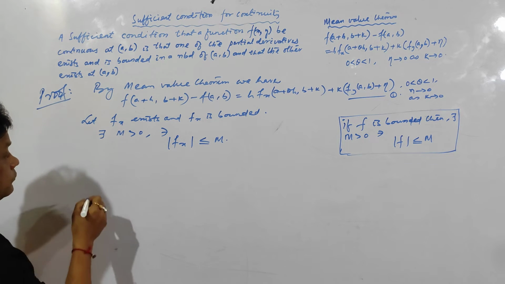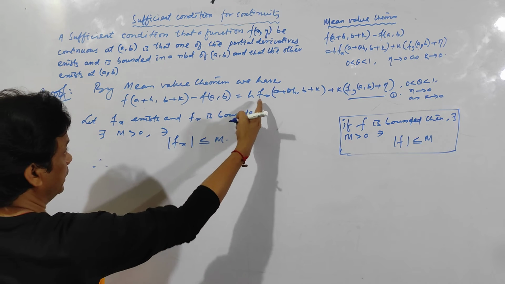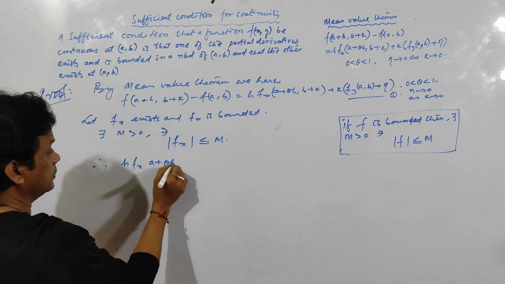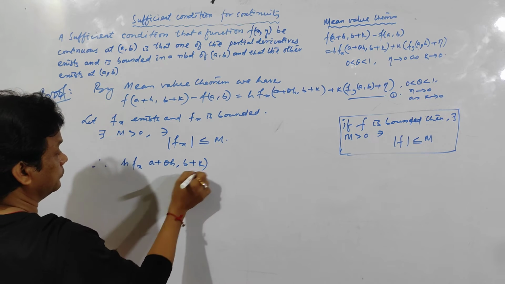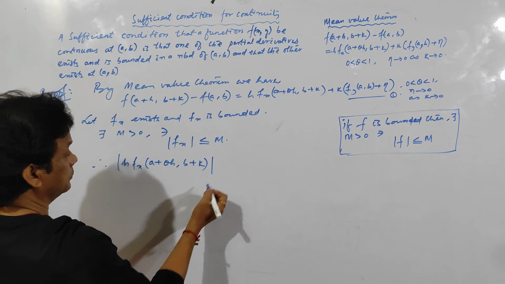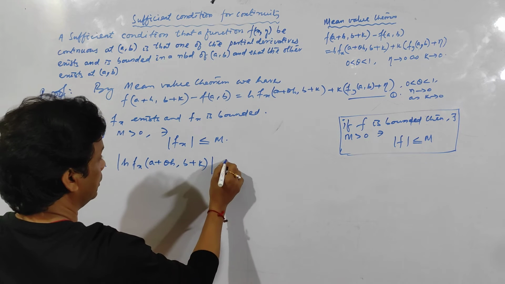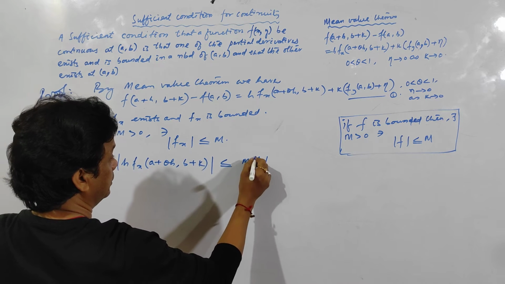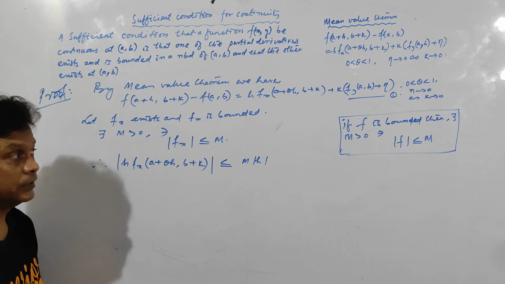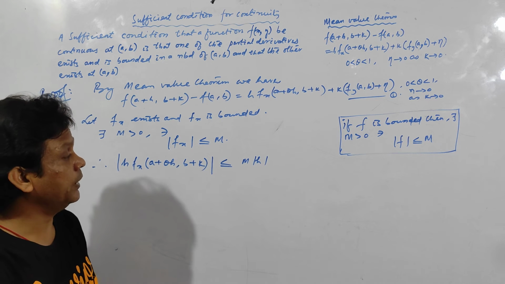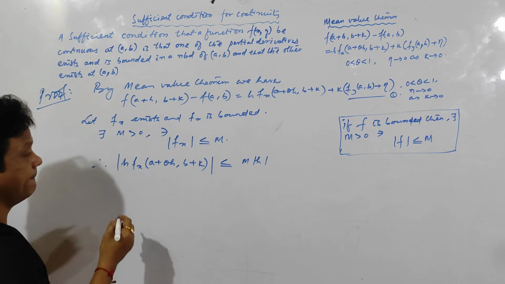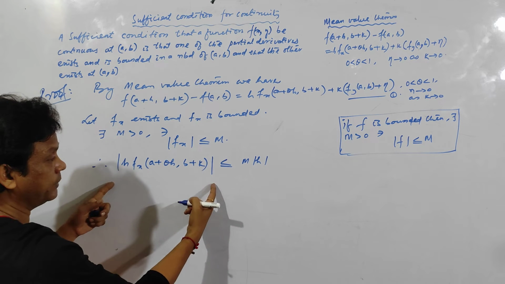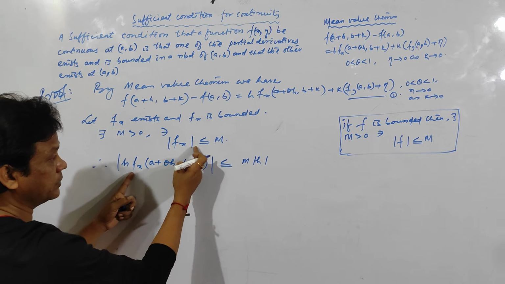Therefore, this quantity, mod of h into fx at a plus theta h, b plus k, is less than or equal to M into mod of h.